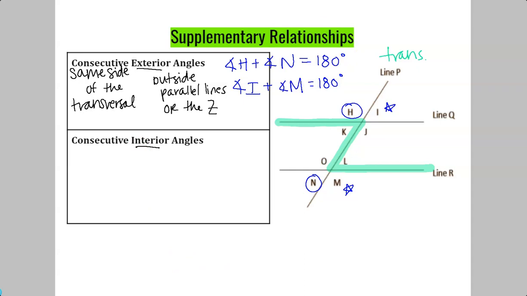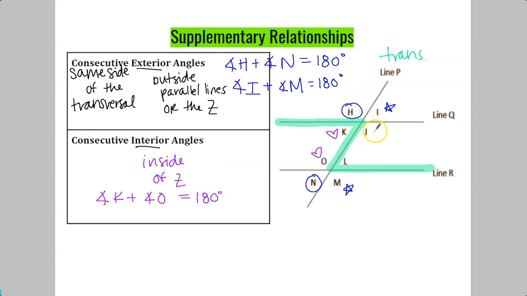All right, let's look at our consecutive interior. So again, we're looking on the inside of the Z. If I was looking at K here, I need to be on the same side inside, so that would be O, because again, these are both along the transversal and they're inside the Z. So angle K plus angle O adds up to 180 degrees.